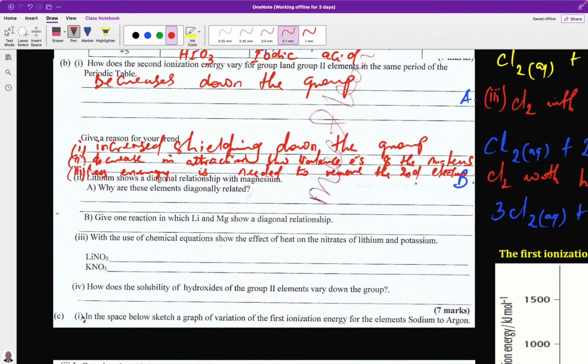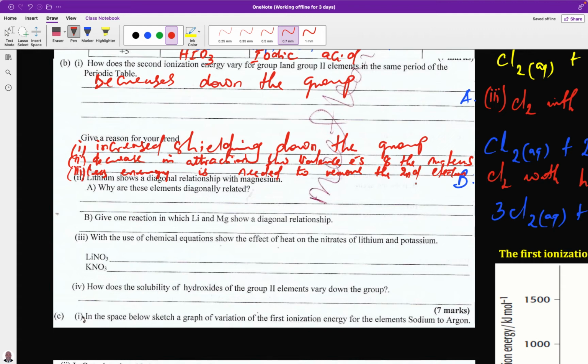Secondly, there is decrease in the attraction between the valence electron and the nucleus. And for that purpose, less energy is needed to remove the second electron. That's all.